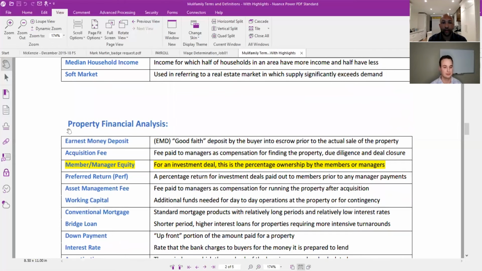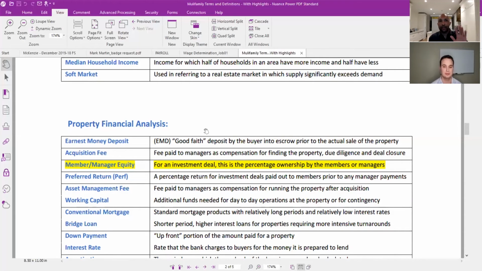So then we have, under property financial analysis, member and manager equity. This is the equity that the operators of the deal would have. Typically, what I see for multifamily deals is owner member equity and passive investors equity split at like 70-30 or 25-75.